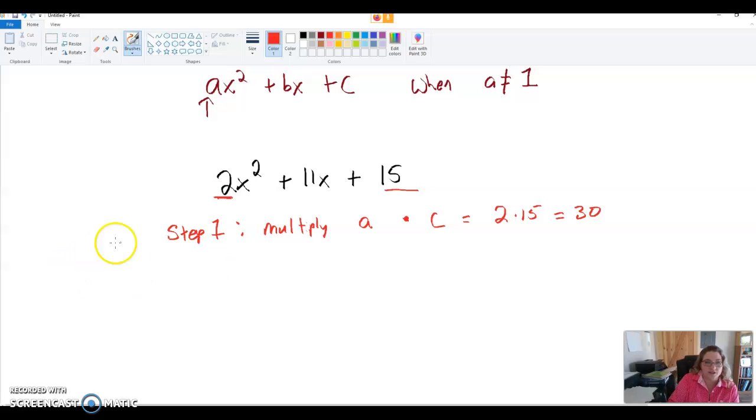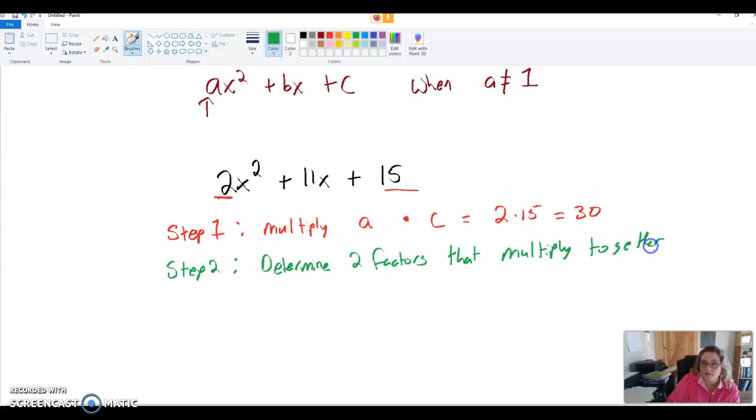The next thing you want to do is going to be step 2. You want to determine two factors that multiply together to equal 30 and add together to equal 11.